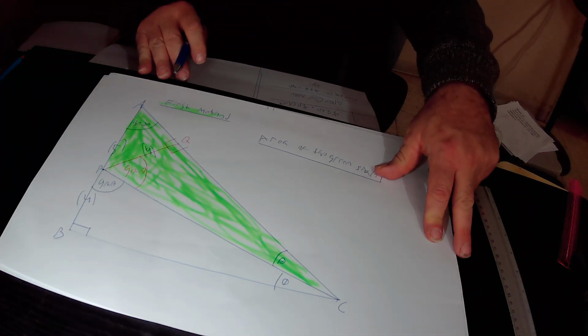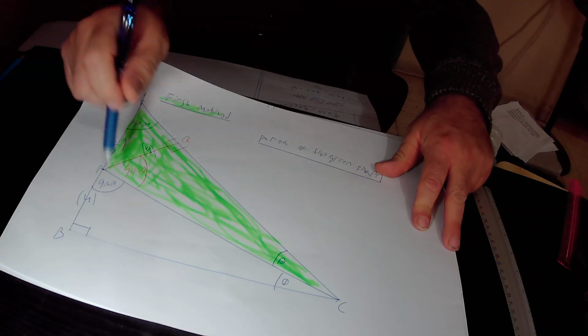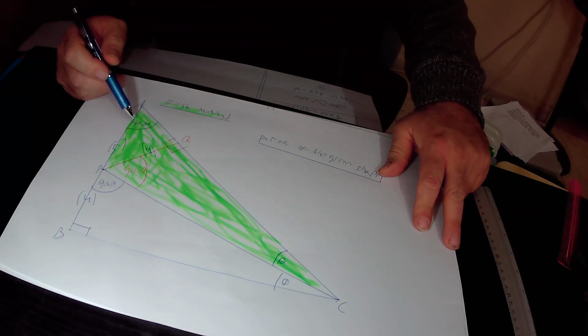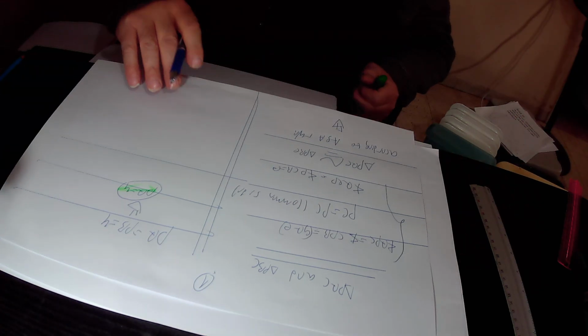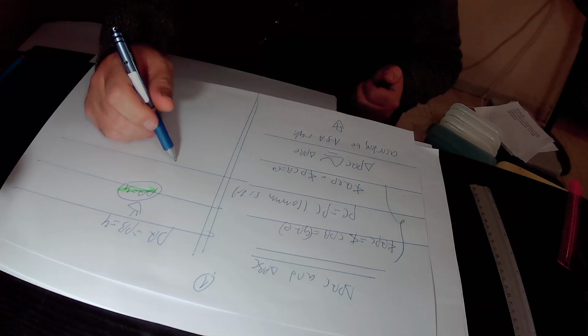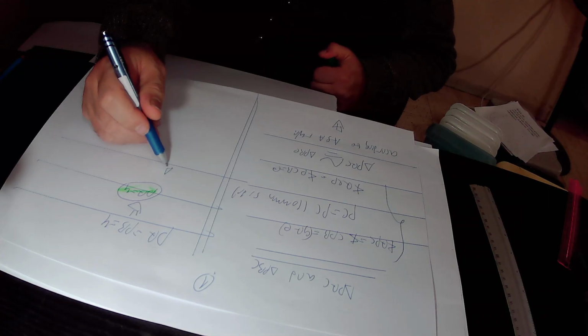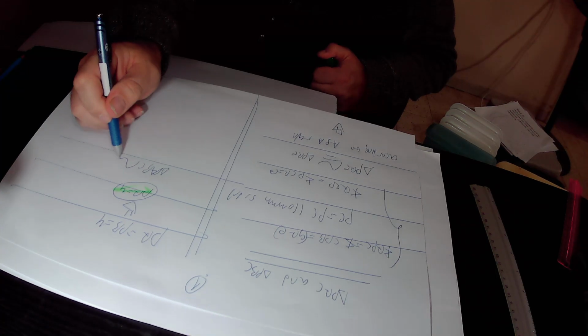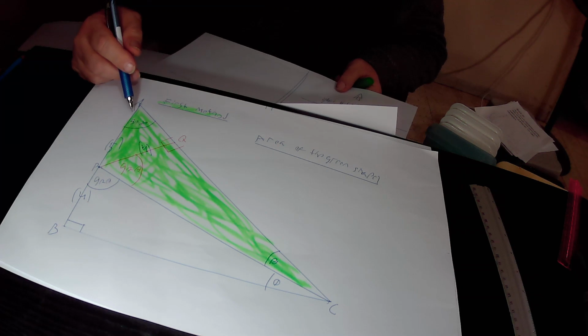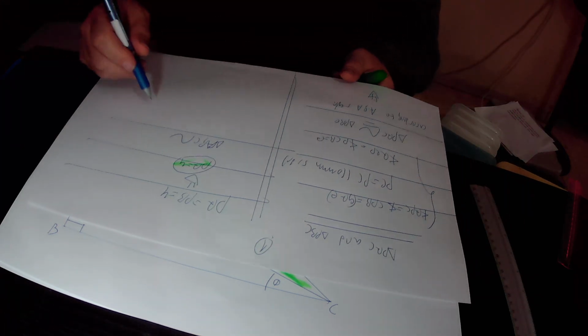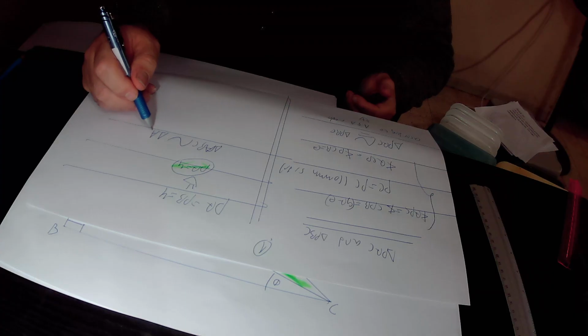From the drawing, it is very easy to say that the big right triangle ABC is similar to this green triangle APQ. The big triangle ABC is similar, this is the sign of similar, to this green small right triangle APQ, according to the angle similarity rule.